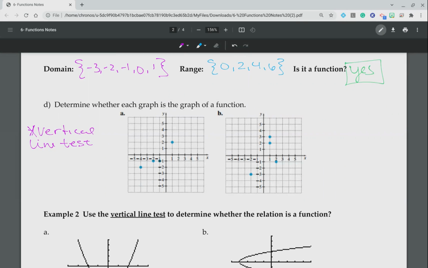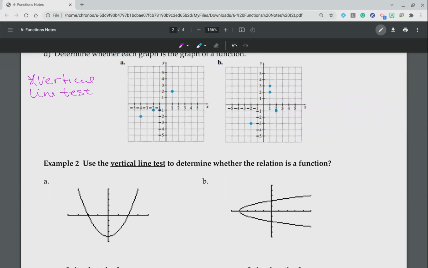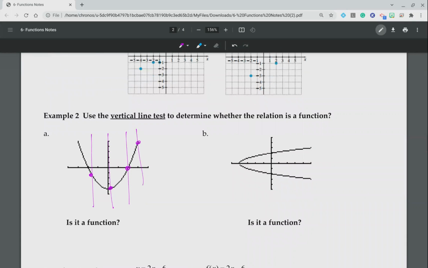I'm actually going to do example 2 first because I think that makes it easier to see. If I draw a vertical line anywhere on this graph, notice that it's only going to hit my function 1 time. So yes, this is a function.